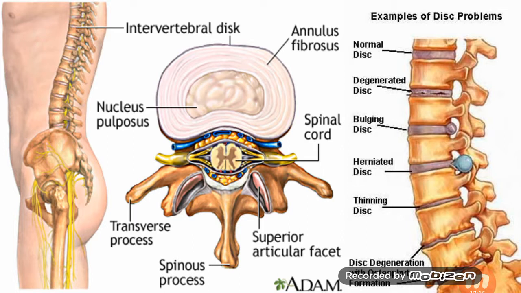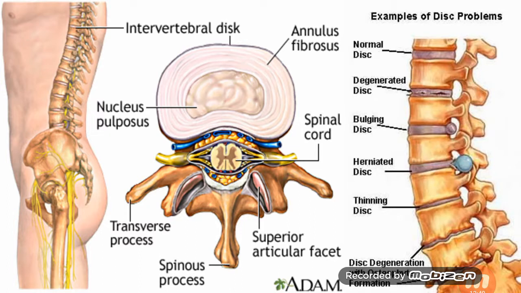The herniated disc, which is also known as the slipped disc, usually involves a rupture of the annulus fibrosus, which is the outer region, followed by the protrusion of the spongy nucleus pulposus. Means the spongy part will protrude out from the annulus fibrosus.